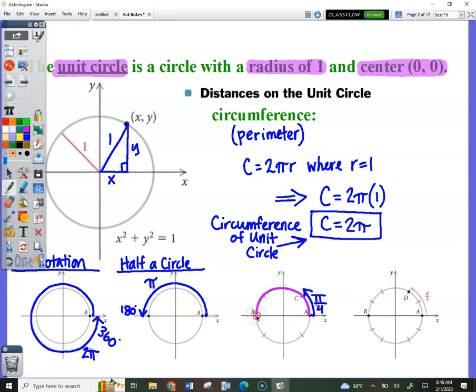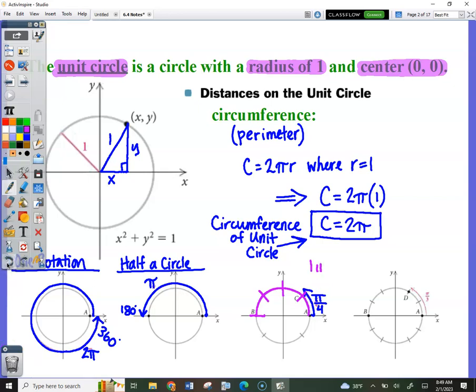So if I cut that 1 pi into 4 equal parts, look, 1, 2, 3, 4. You see that? And if I'm only talking about one of them in blue, it would be deemed pi over 4. So another way to think of pi over 4 is 1 slice out of the 4 that I just showed you. You see that?